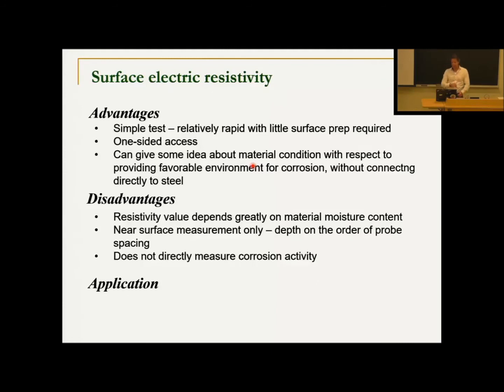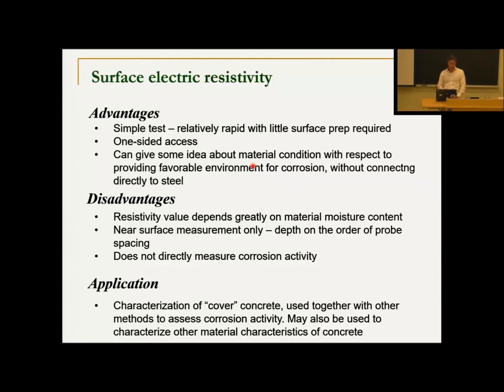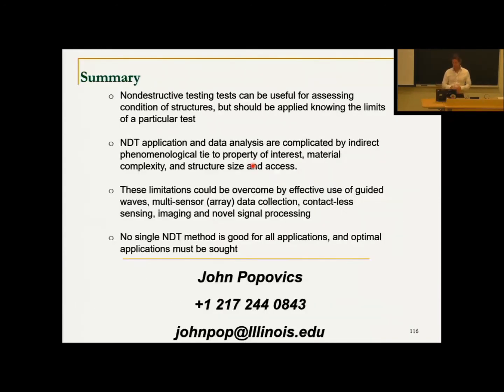It's only near surface, and it does not directly measure corrosion. It just measures the likelihood, the potential of corrosion, right? So it's normally used to characterize the near surface region of concrete, the so-called cover concrete, and to get an alignment with other methods can give you a better idea of the corrosion condition.